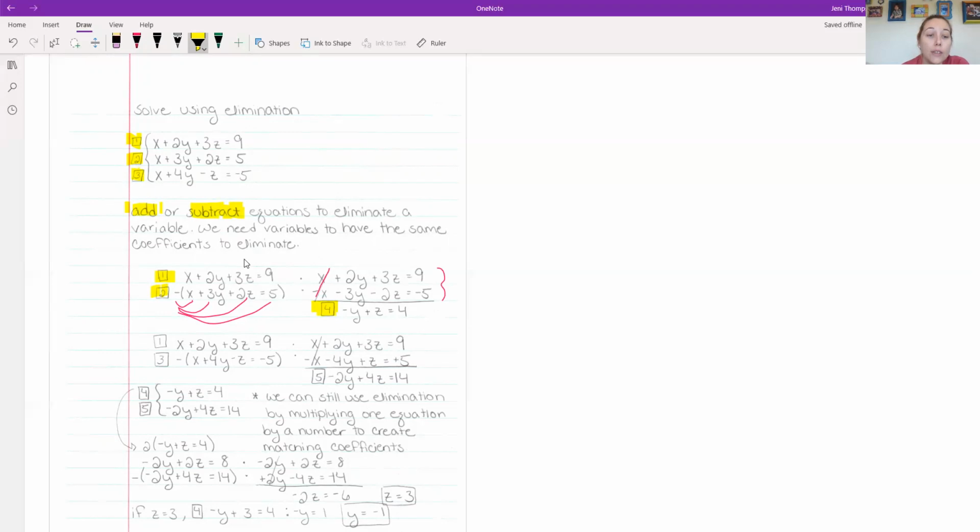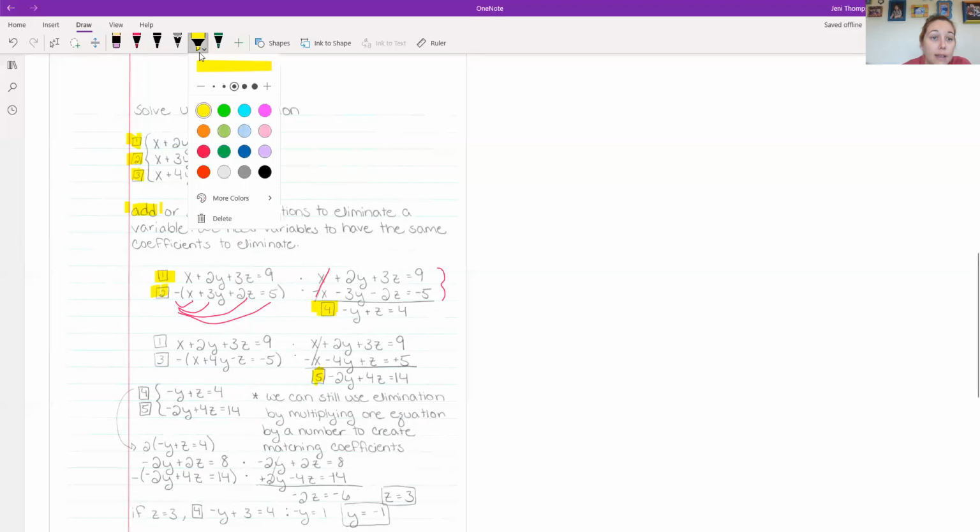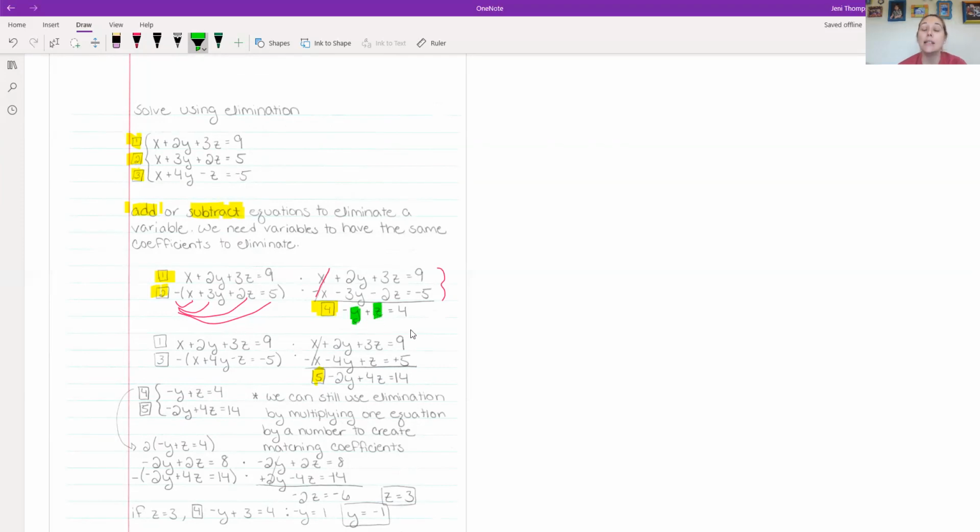So I also need two equations, right, that have 2 variables. Since I've done this first one, where I eliminated x and I was left with y and z, I need to do the same thing for 2 other sets. I picked 1 and 3, right?